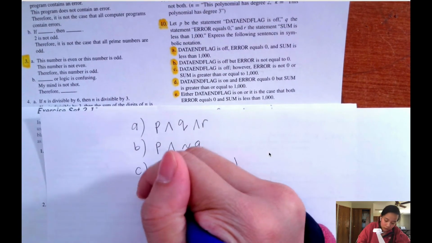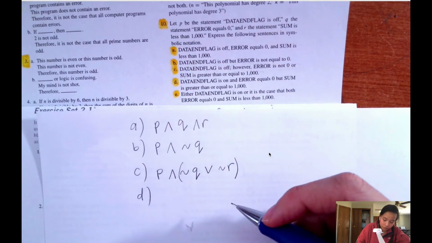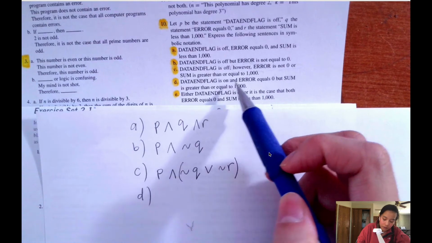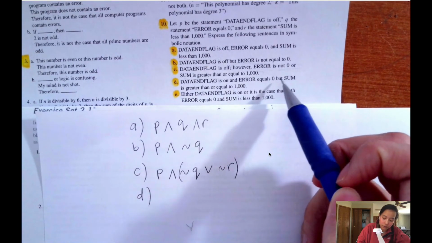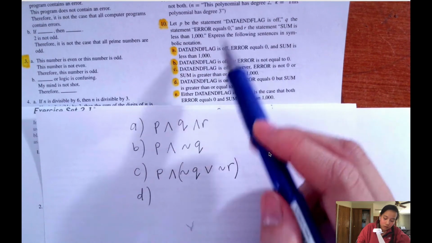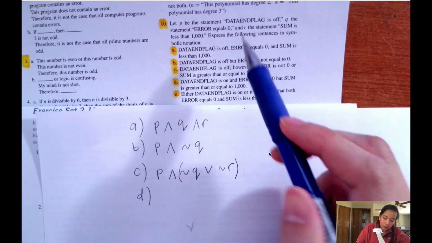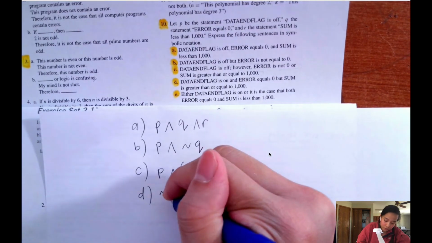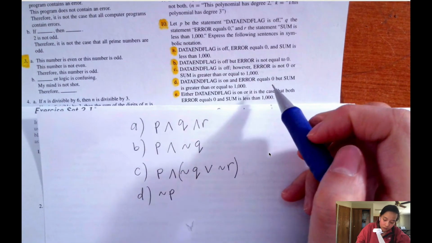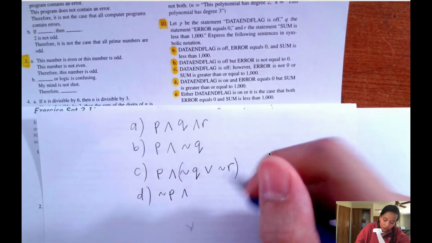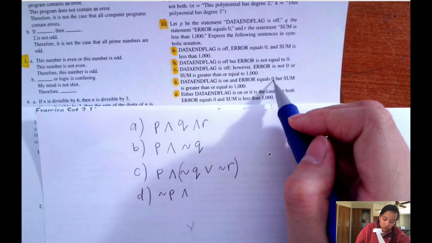Okay, so let's do D now. Data and flag is on and error equals 0, but sum is greater than or equal to 1000. So data and flag is on is the opposite of data and flag is off. So this is the negation of P. And then, okay, and error equals 0.